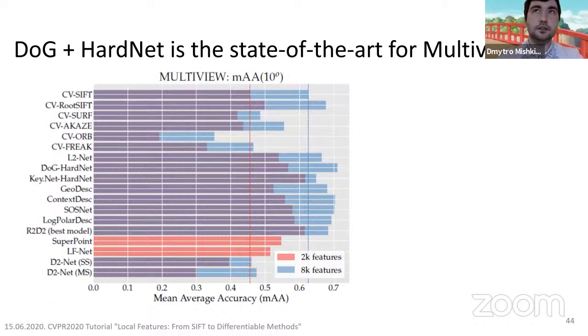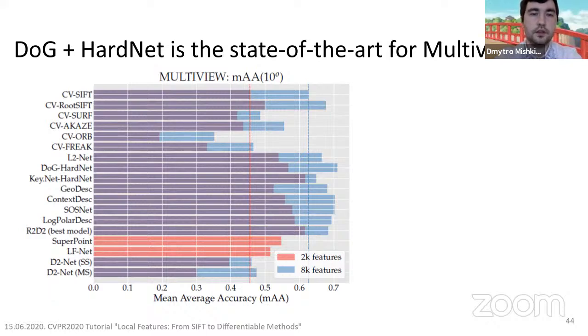DoG and HardNet are state-of-the-art for multi-view, where you have more than two images, like five. There you match everything to everything, build a 3D reconstruction with COLMAP, and then compare the results to the large-scale 3D reconstruction.